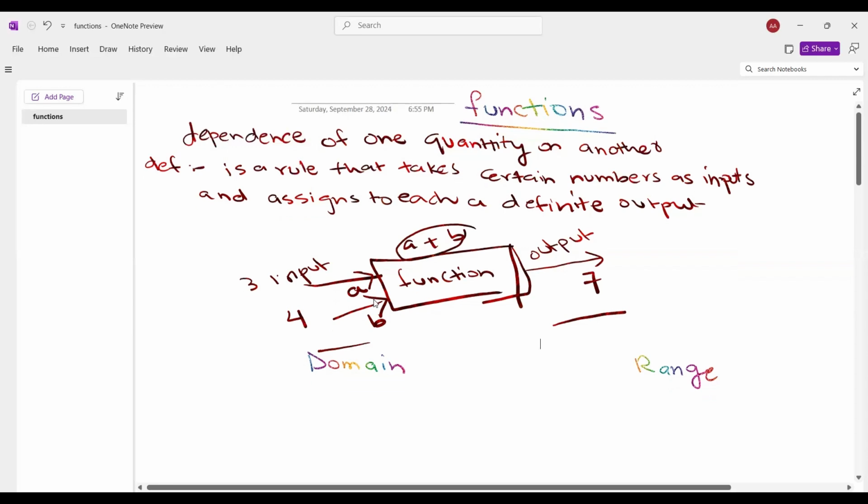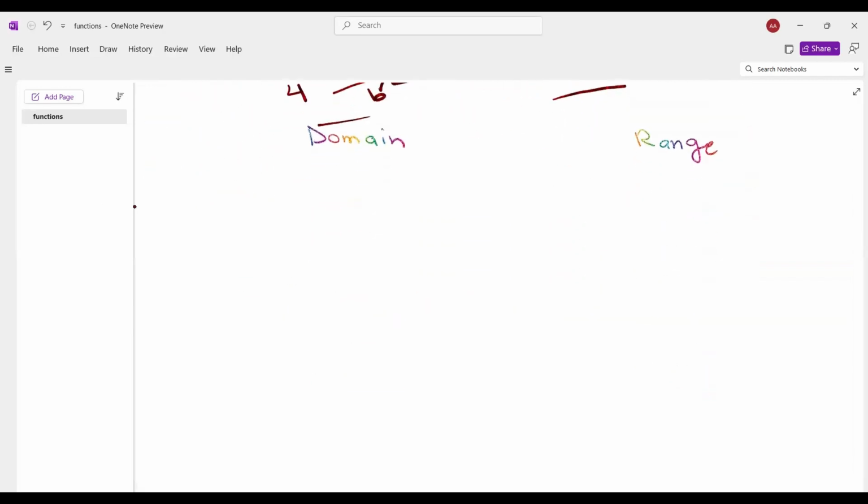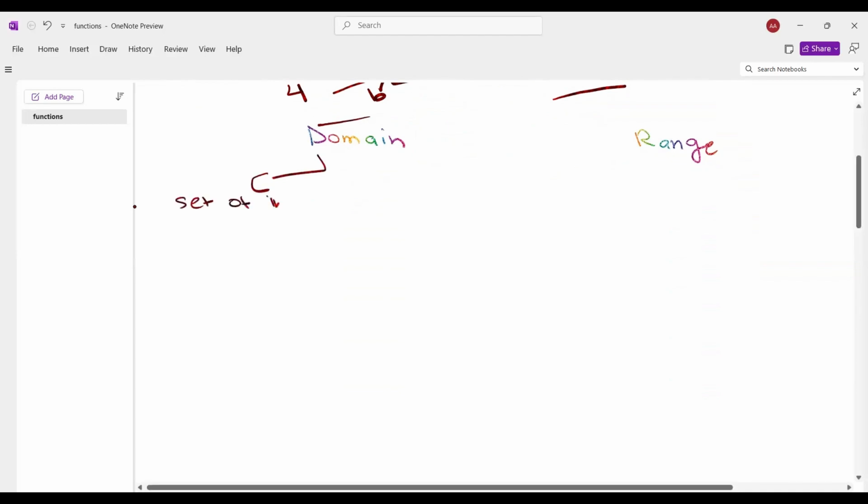What is the domain and range of a function? Okay, so the domain is basically the set of all input numbers. In terms of calculus, it's the set of all input numbers, and range is basically the set of all output numbers.